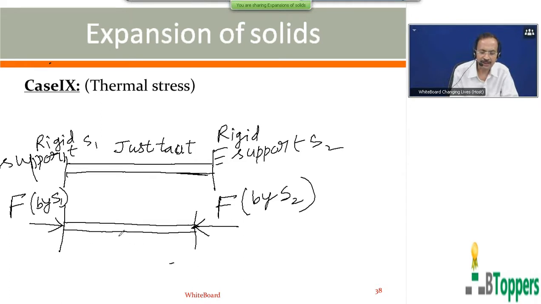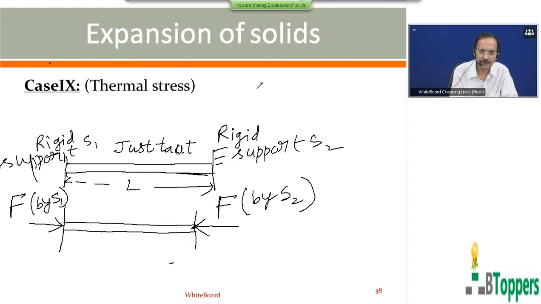So I'd like to discuss the calculation of this compressive force. The force required to prevent the expansion of the rod when its temperature rises can be taken to be same as the force needed to produce an equal elongation in the rod. Let L denote the original length of the rod.